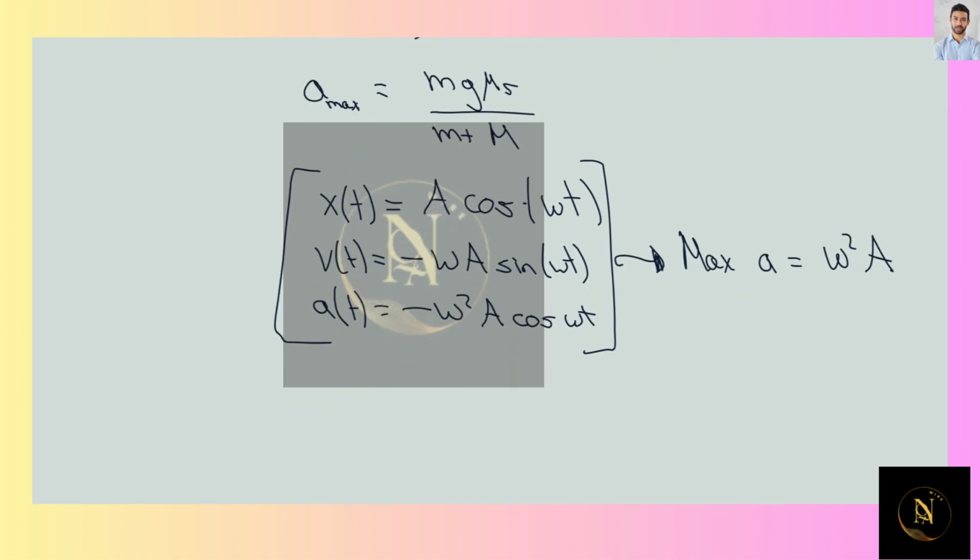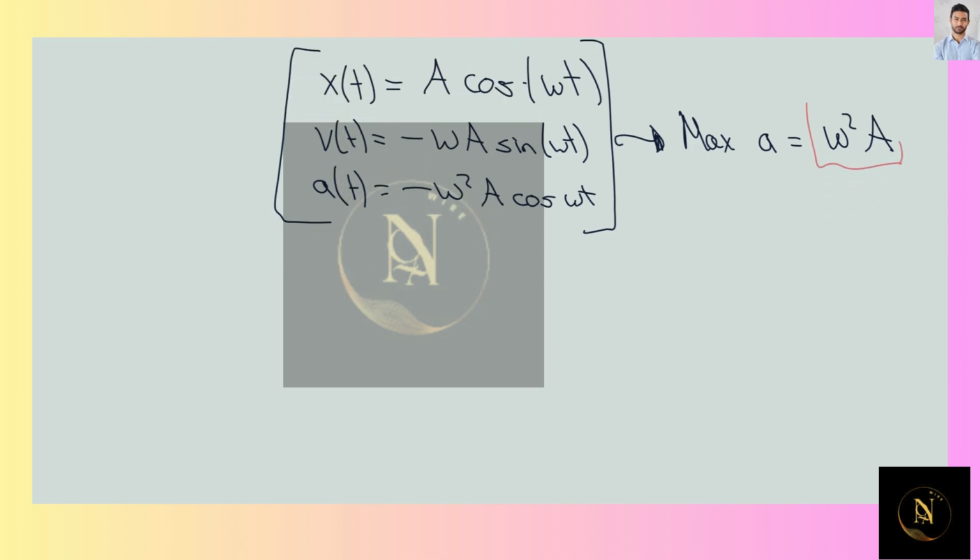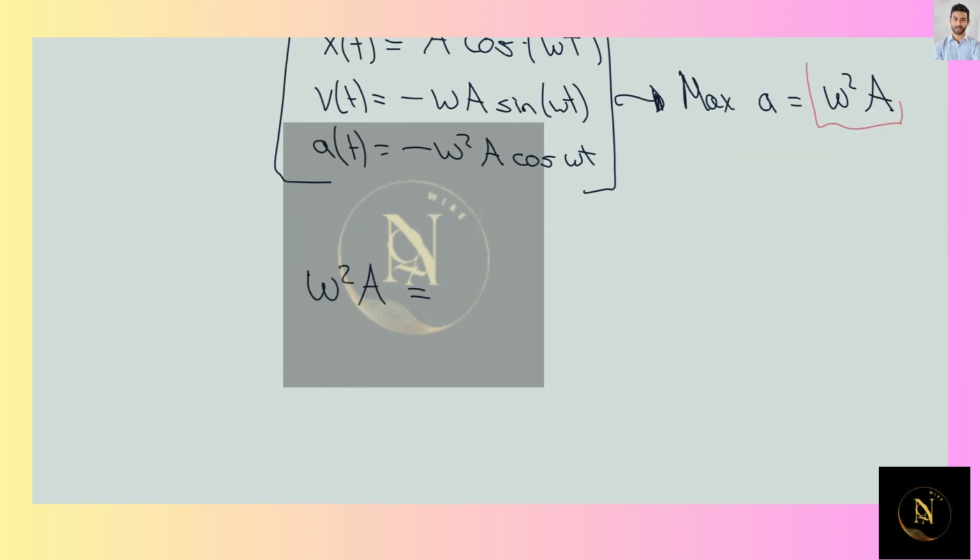So we can equate both of these parts. Omega squared A is equal to mg times the coefficient of static friction, divided by m plus M. Remember that omega squared for simple harmonic motion is equal to k over the mass; in this case, it is the sum of both of the masses, since both are attached to the spring.